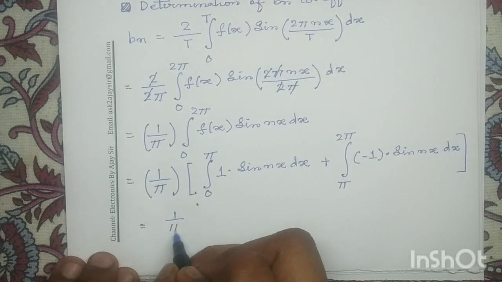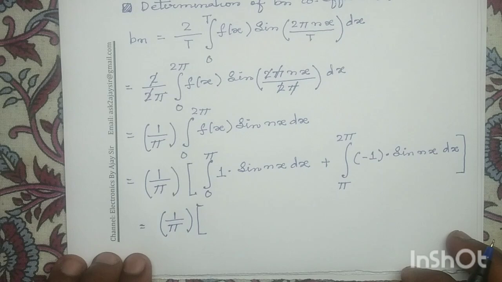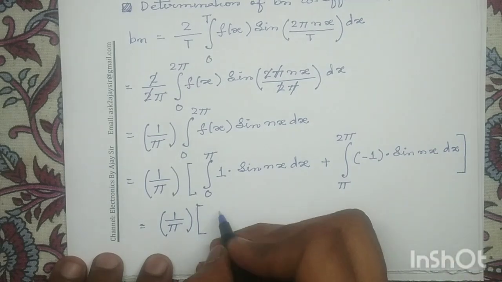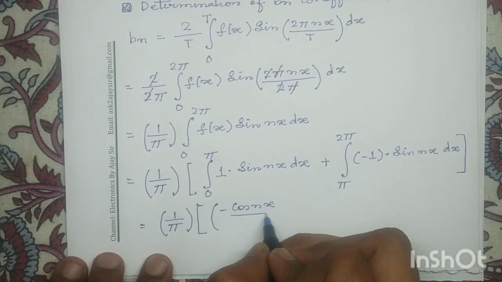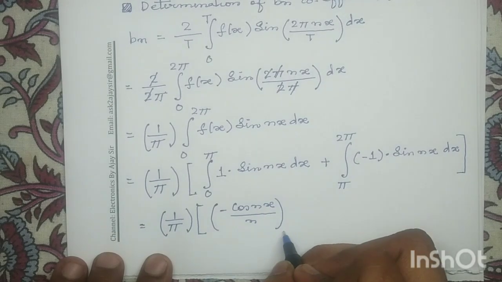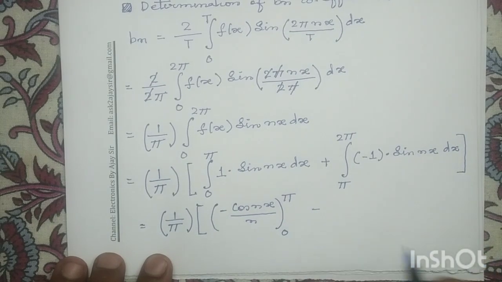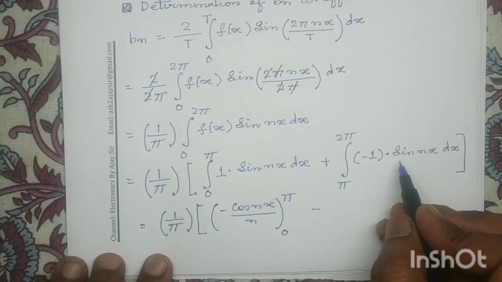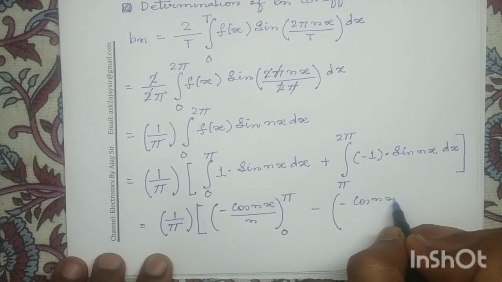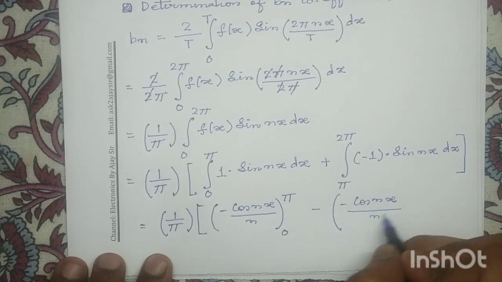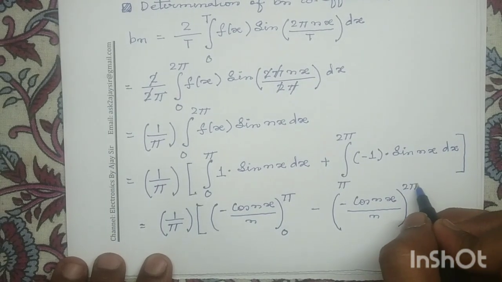So it is 1 by pi, integration of sine nx dx is minus cos nx by n, and the limit varies from 0 to pi. This minus we will take out, and integration of sine nx dx becomes minus cos nx by n, and the limit varies from pi to 2 pi.